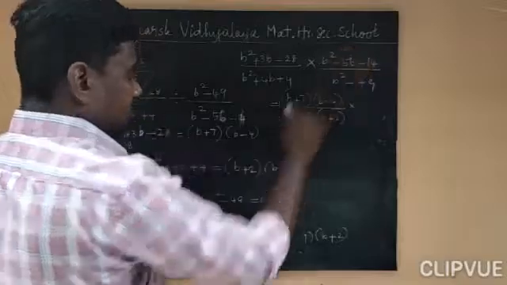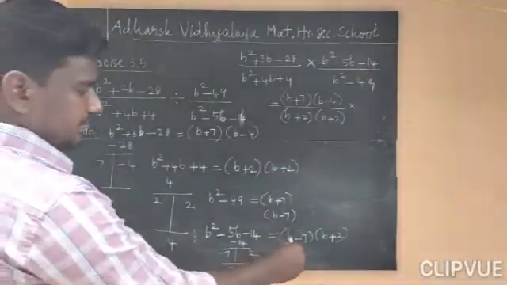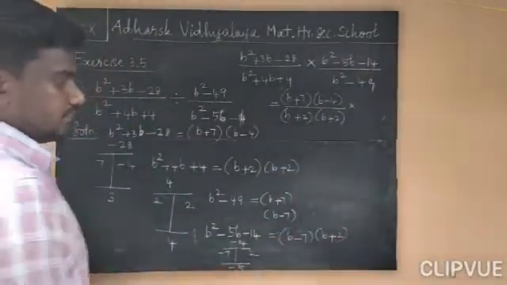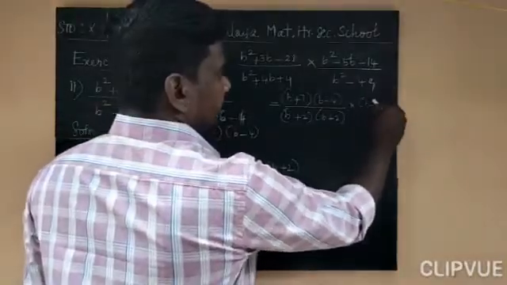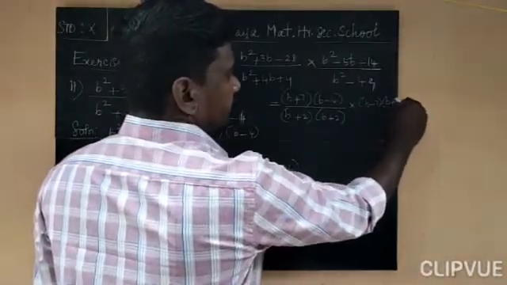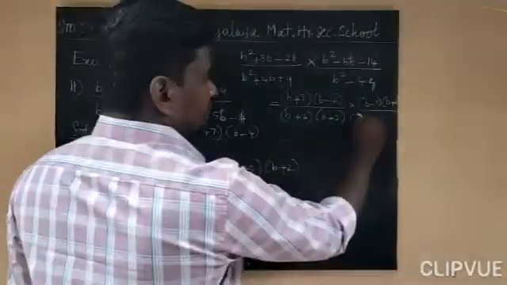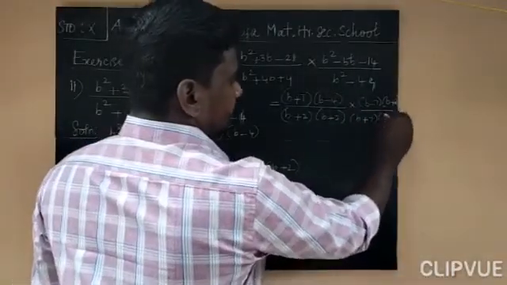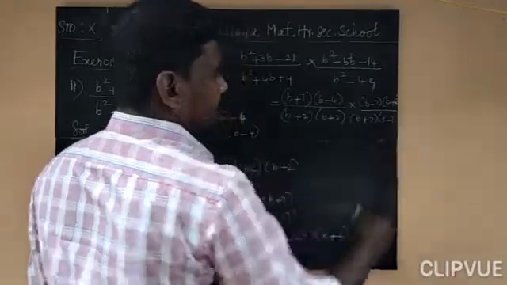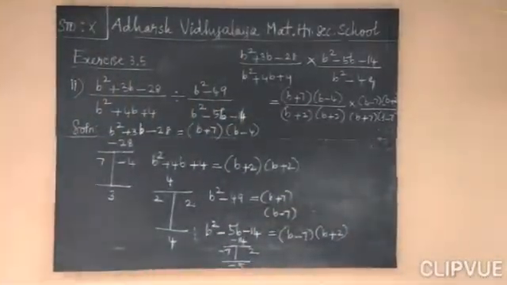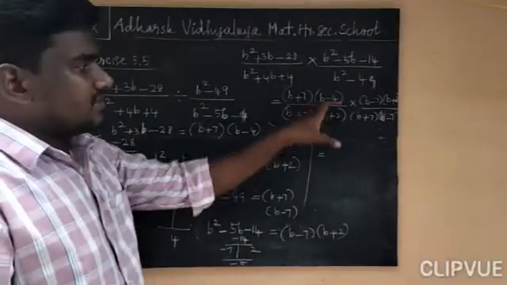This one's expansion is b minus 7 into b plus 2, divided by the expansion b plus 7, b minus 7. So the expansions are substituted.